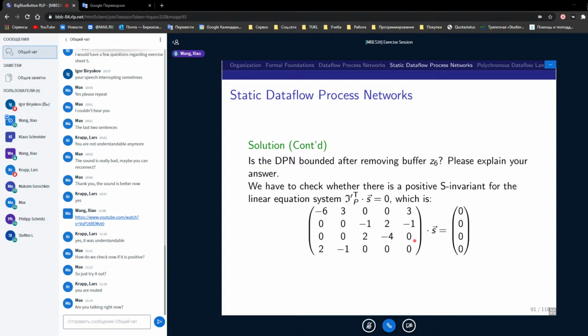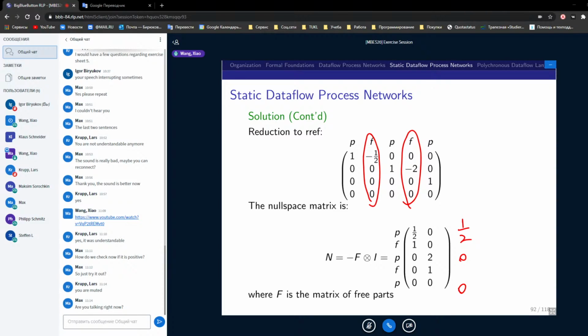So from there, you should know that there should be 2 independent vectors in the final null space matrix. This is minus f, and then we have minus this f, 0, 2, 0. And for the free part, we have the identity matrix, 1, 1, 0, 0. And then there you have it.